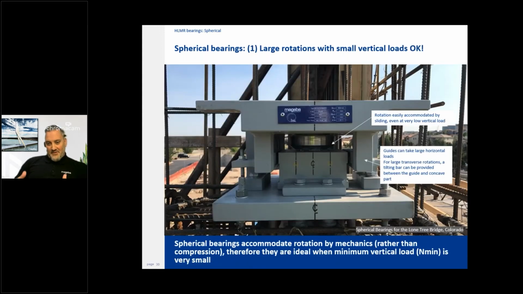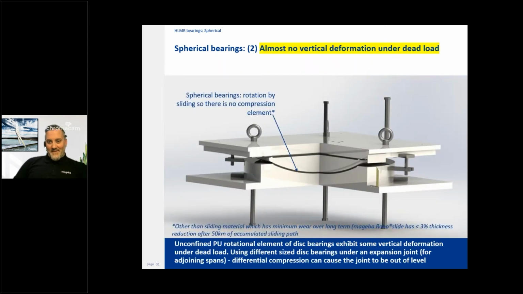And just a picture of that basic concept. Guides that transfer directly to the lower part and bypass the rotation element. As I mentioned, the spherical bearings have very little deformation under a vertical load.